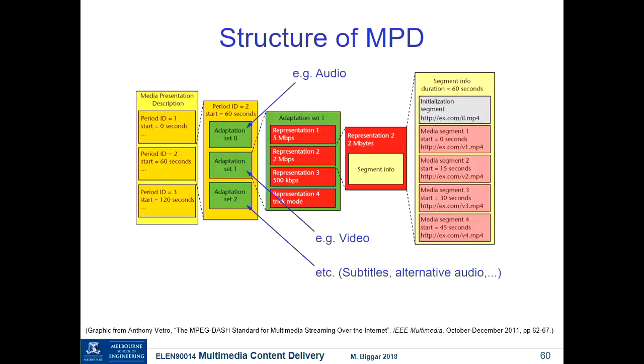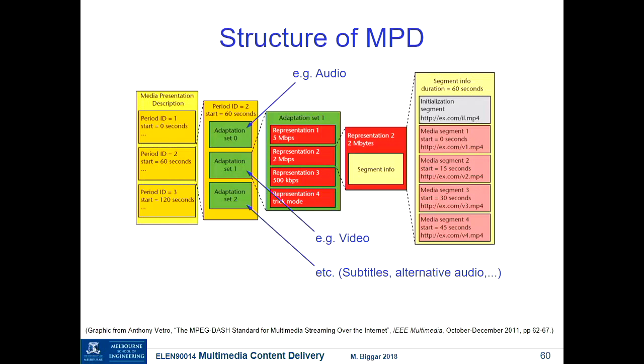So this illustrates how the data is structured in this MPD. So that we have periods of time that are defined. So in 60-second chunks in this case, and for each of those periods we have different adaptation sets.